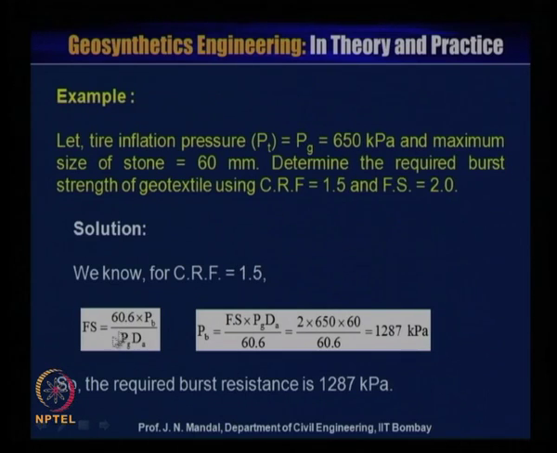So, we know the cumulative reduction factor is 1.5, and we know earlier that the factor of safety is 60.6 Pb by Pg into dA. So, we have to calculate the burst strength Pb. So, Pb will be equal to Fs into Pg into dA divided by 60.6, and the factor of safety we have taken as 2, and the pressure Pg is 650, into dA. dA is the diameter of the maximum size of the stone, that is 60 millimeter, divided by 60.6.